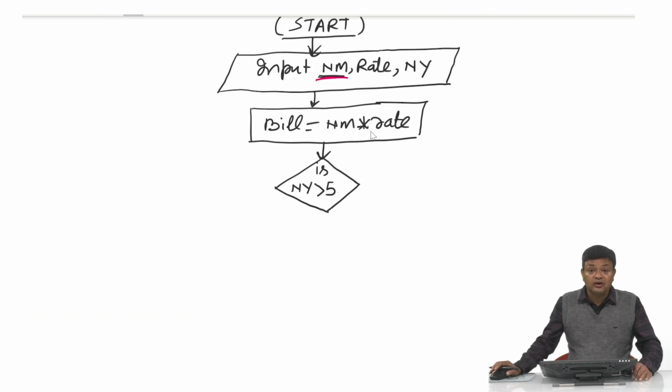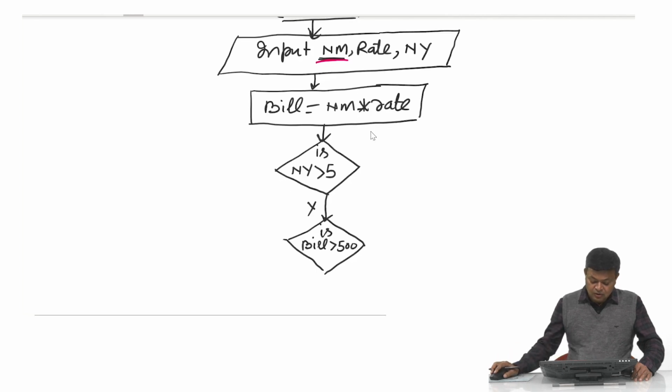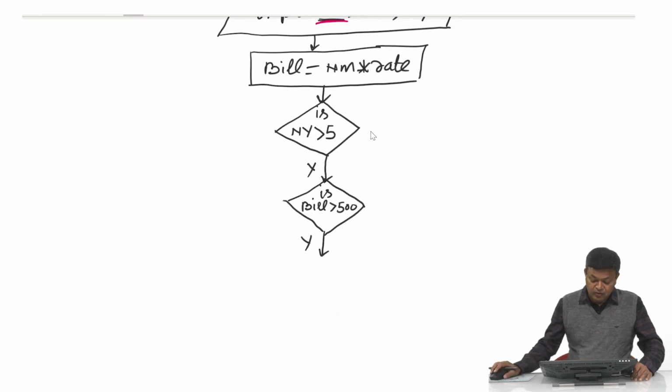Does Bhogilal know the customer for more than 5 years? Yes. Now, there will be a second test. Is bill greater than 500? Okay. Yes. It means now he has qualified for 10% discount.